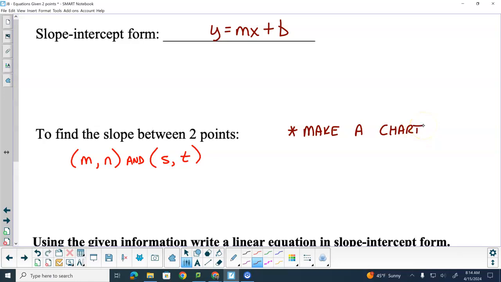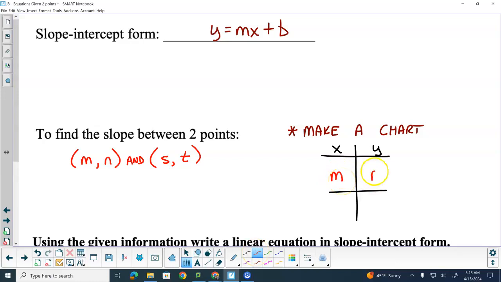from them. Okay? So you're going to physically make the chart now instead of having the chart be given to you. And your chart only has to look like that. And then you're going to label the first column X, and the second column Y. It doesn't matter what order you put those points into your chart, but your M is in the X spot, so that's going to go there.